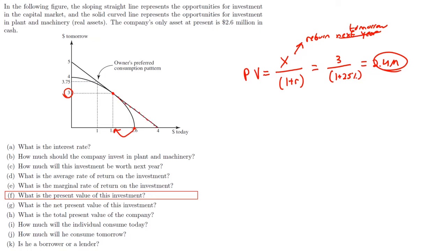If you borrowed against all that $3 million, you would have $4 million today. So because you invested, you were able to consume 4 from 1.6, which means this investment allows you to gain $2.4 million today. So that is your present value. Another way to think about that.